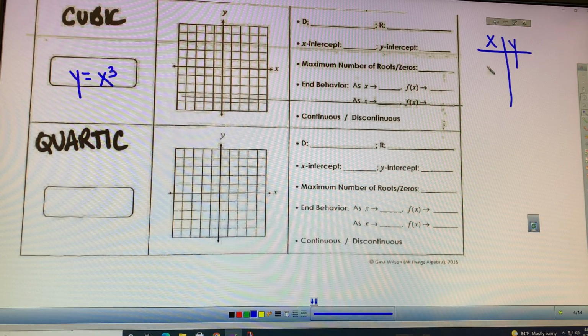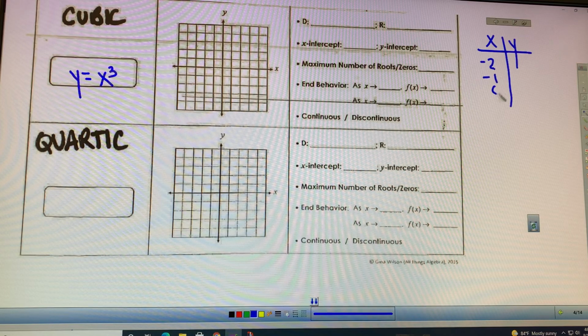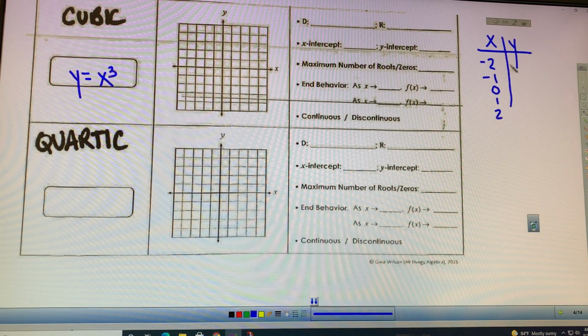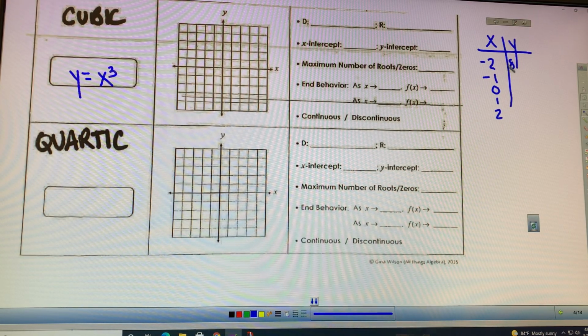If you don't know how to do this, look at yesterday's video, and it will explain this. -2, -8, -1, -1, 0, 0, 1, 1, and 2, 8.